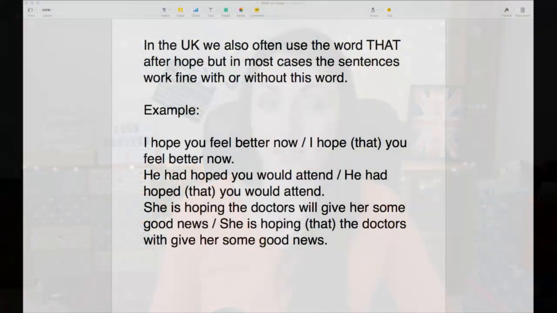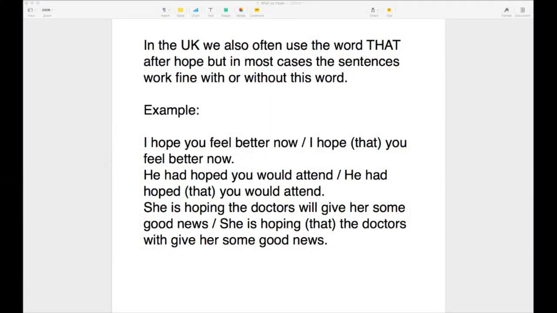Okay, so when talking about hope, there's also another little thing that I actually find quite difficult to understand myself. And that's the word that. I hope that. In the UK, we also often use the word that after hope. But in most cases, the sentences work fine with or without this word.